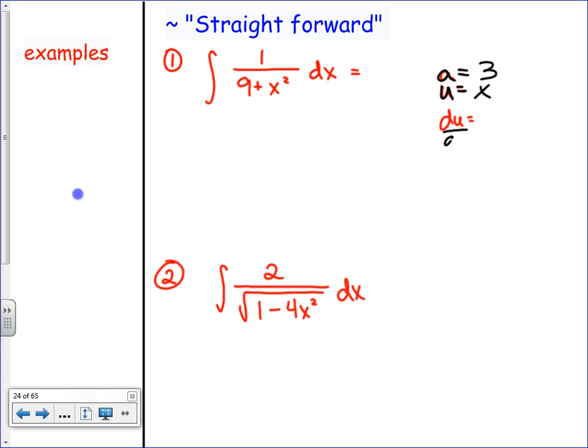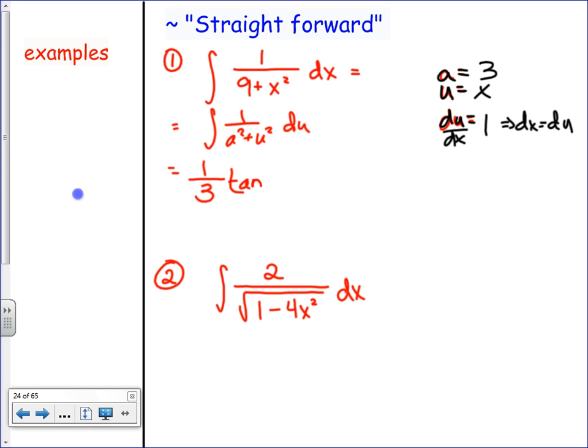Du, the new way, is 1. Therefore, dx equals du. And I can use my forever card and just say, got it. Plug it in, I get 1 over a squared plus u squared du. Hey, that fits my formula. So 1 over a tangent inverse or arctangent of u over a plus c.